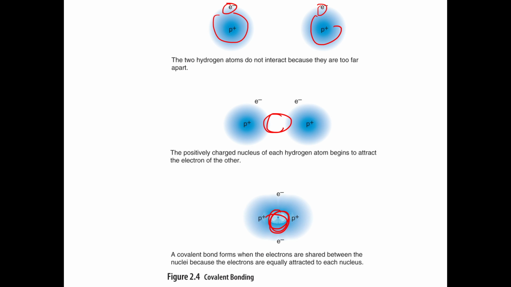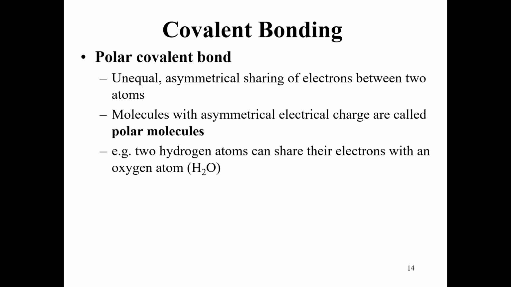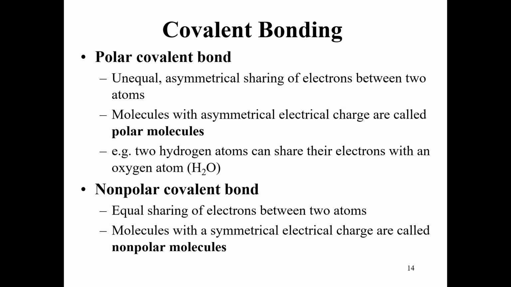So instead of the electron orbiting the atom, the electron will be most likely found in between the 2 atoms, forming that bond. Next, covalent bonding. We have 2 types of covalent bonding. We have polar covalent bonding and non-polar covalent bonding. Okay.